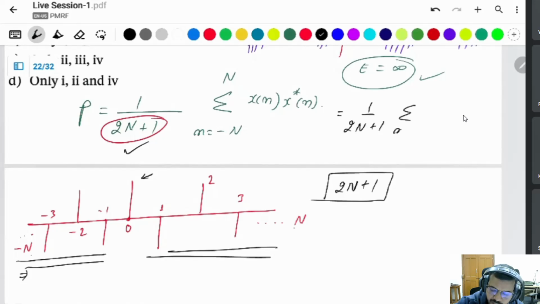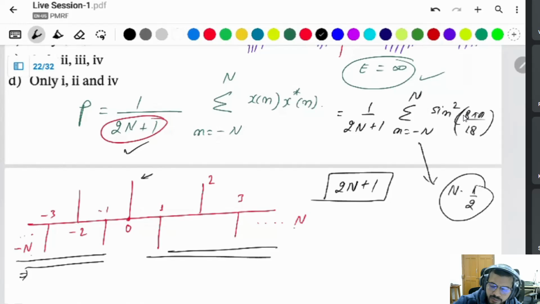Summation from n equals minus N to N of sine square 8 pi n divided by 18. The sum of the sinusoidal square over one time period is the time period times half only. For the time period calculation, it is 2 pi by omega.